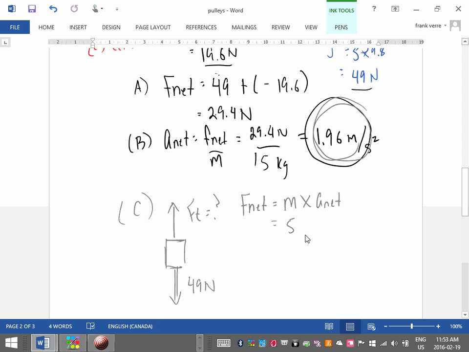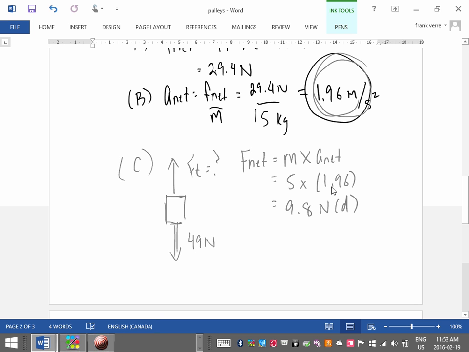So the block has a mass of 5 kilograms and it's accelerating down at 1.96 meters per second squared. So what is that? 9.8. So there's a net force of 9.8 newtons down.